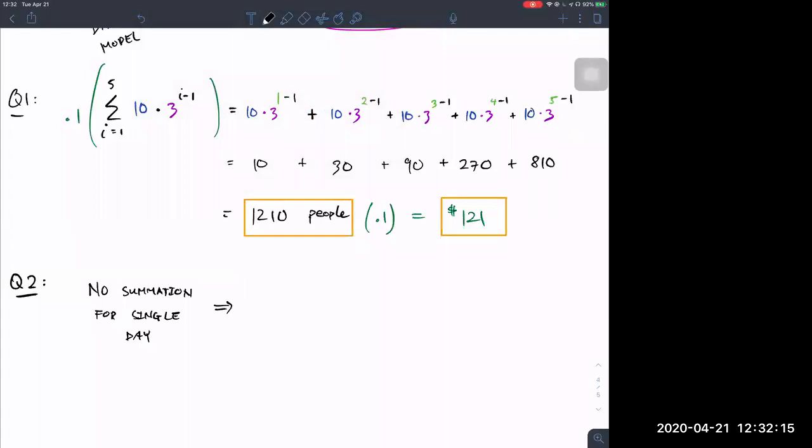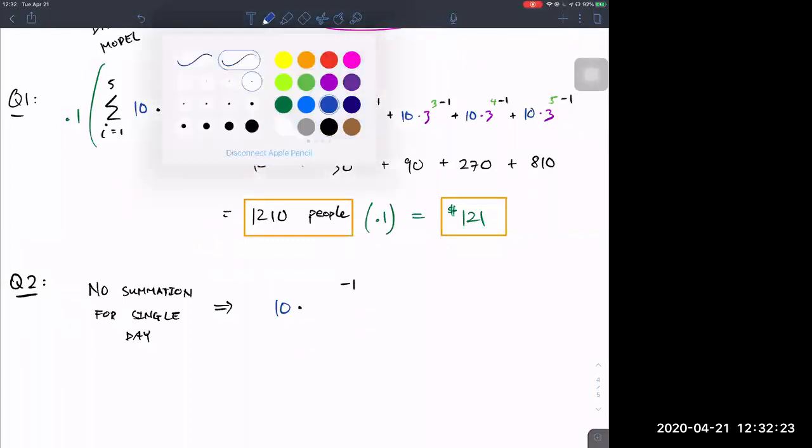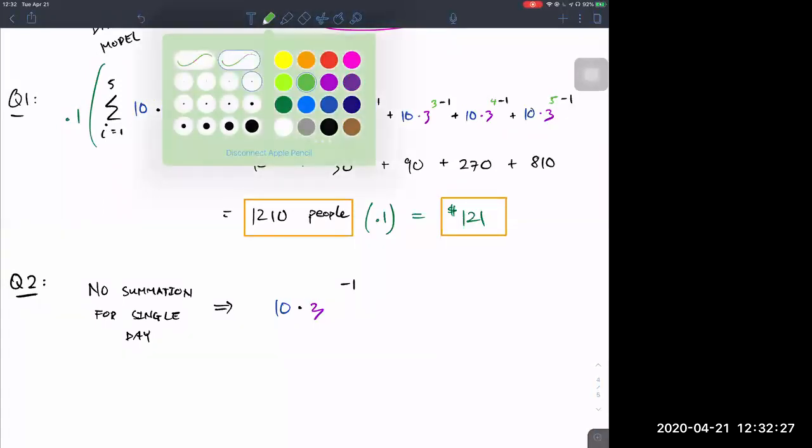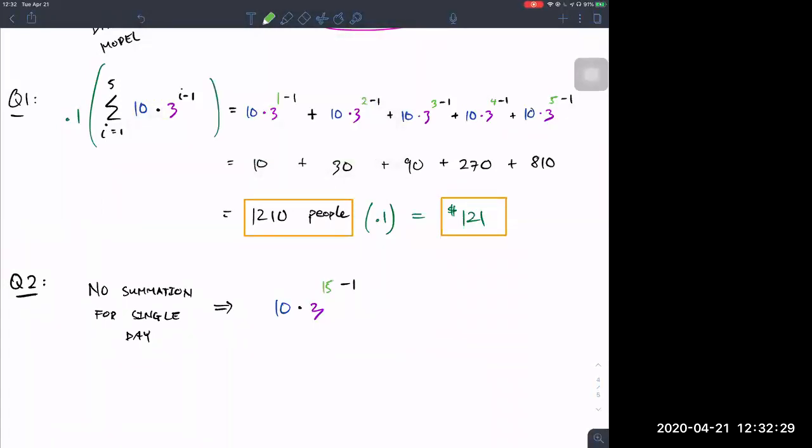Which implies the same exact base here, 10 times 3, but this time, since it's the 15th day, you plug in a 15 there, okay? And that's the nice thing about having this -1 in the exponent, because if you plug in a number, it represents what actual day you have.